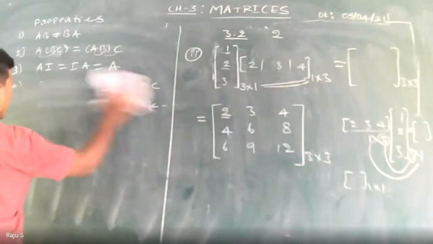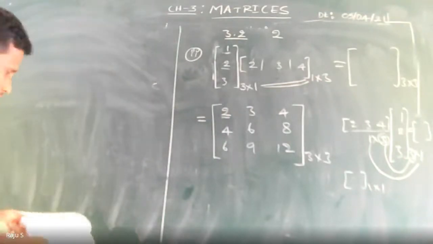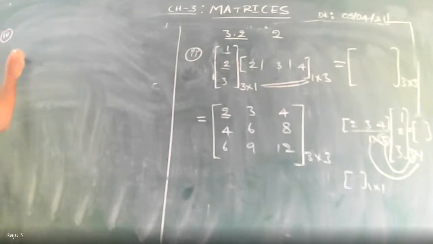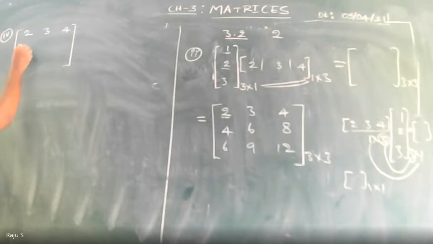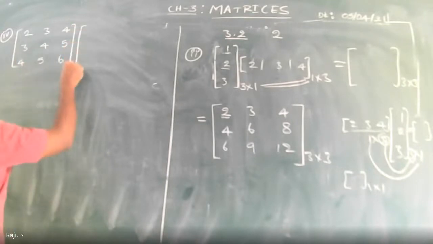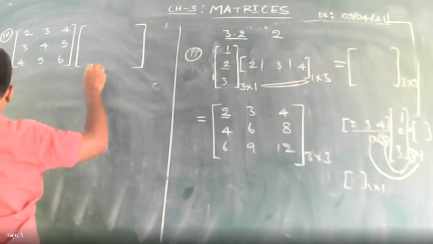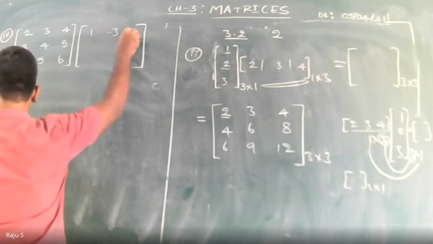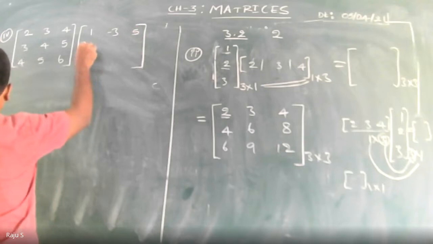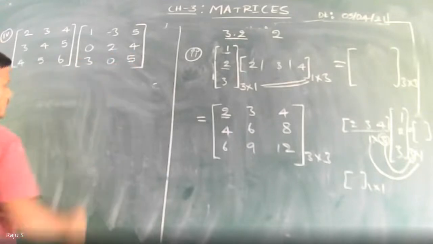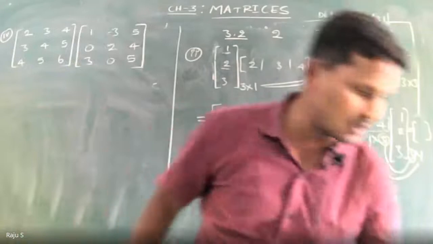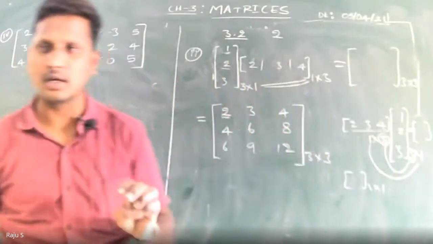Let's do the fourth subdivision: 2, 3, 4; 3, 4, 5; and 4, 5, 6, times 1, minus 3, 5; 0, 2, 4; 3, 0, 5.